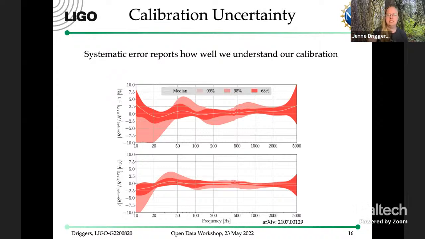Part of our uncertainty in being able to say what those parameters are comes from this calibration uncertainty, how well we are able to calibrate the data that comes out of the interferometer itself.